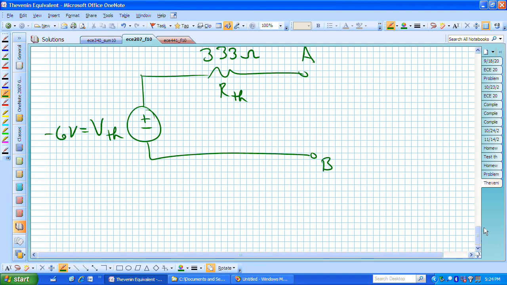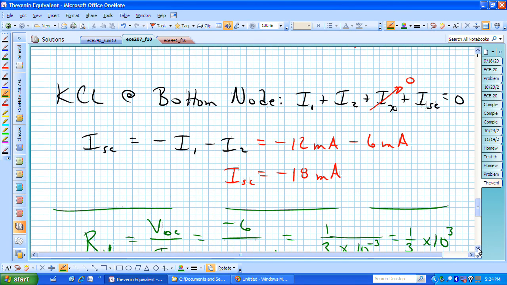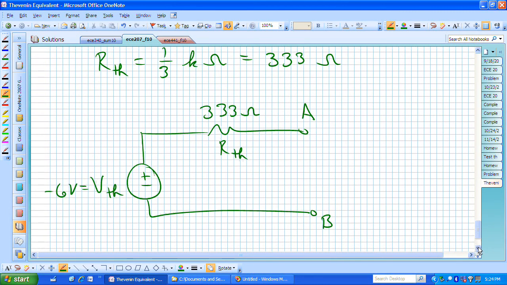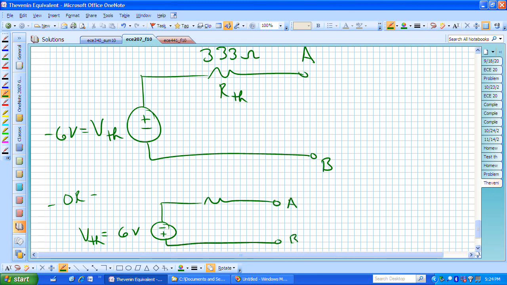Or if you don't like that V Thevenin being a minus 6 volts, we could just as easily redraw that and say, well, if I have a negative 6 with the positive and minus polarity that way, I could say that that's 6 volts in the minus plus from top to bottom with my R Thevenin, which is 1/3 K ohm. And that's then the Thevenin equivalent for that original circuit that we looked at.